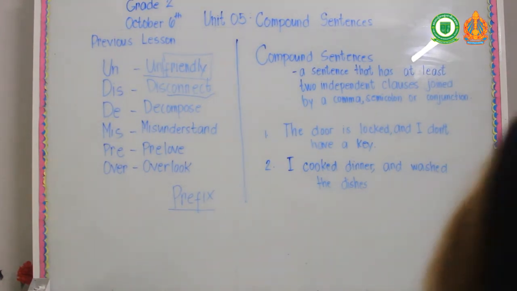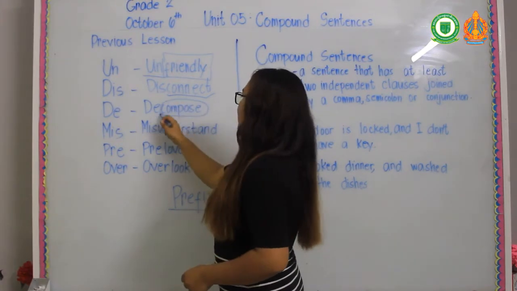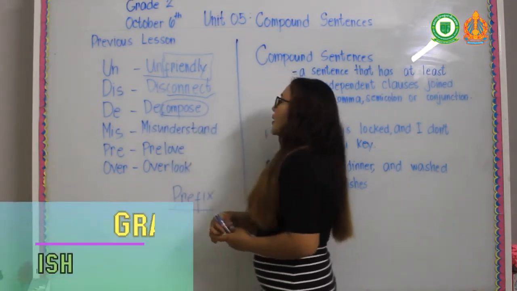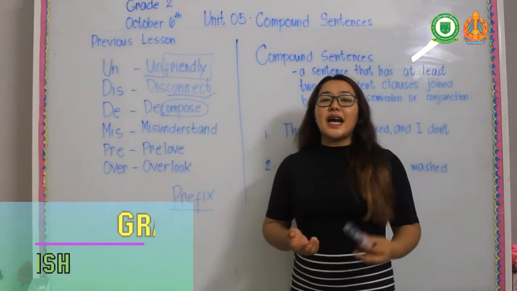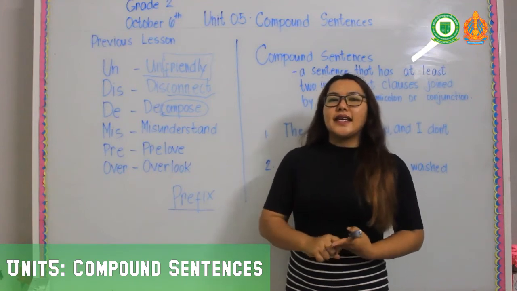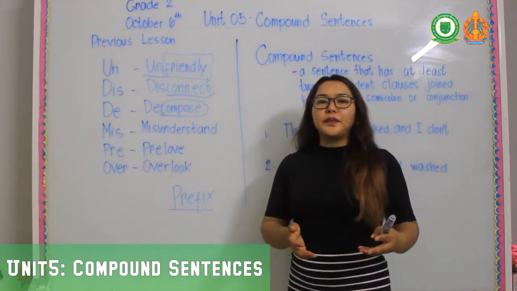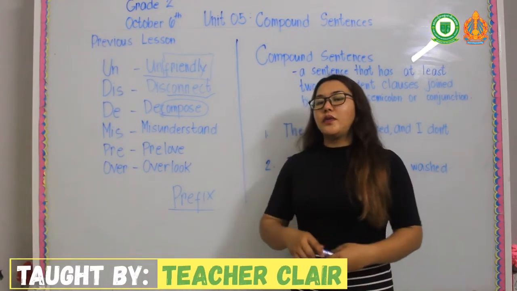Okay? Next, let's have decompose. Okay, this one is the base word, decompose. Like if animals die, they will decompose. There will be maggots, insects who will eat the dead animal's flesh. So that's the process of decomposing.